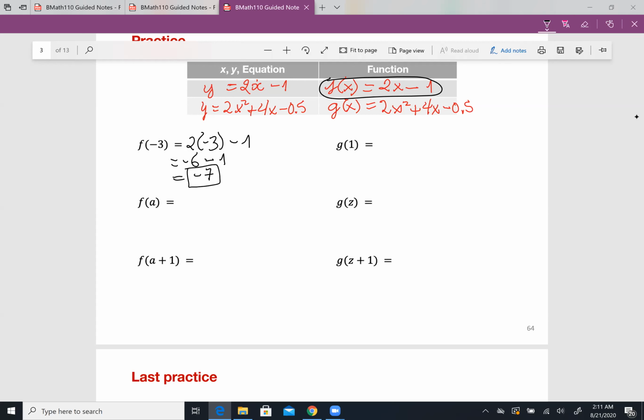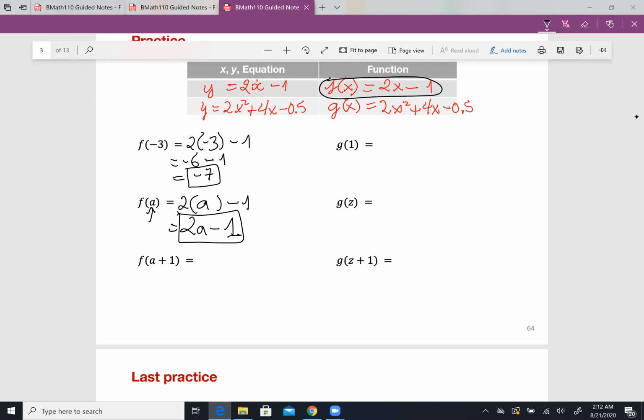Okay, circle it. And now I want to find f of a. Remember the input is now a. So I have 2 times input minus 1, and the input now is a. I want to simplify this and rewrite it as 2a minus 1. That's the answer.